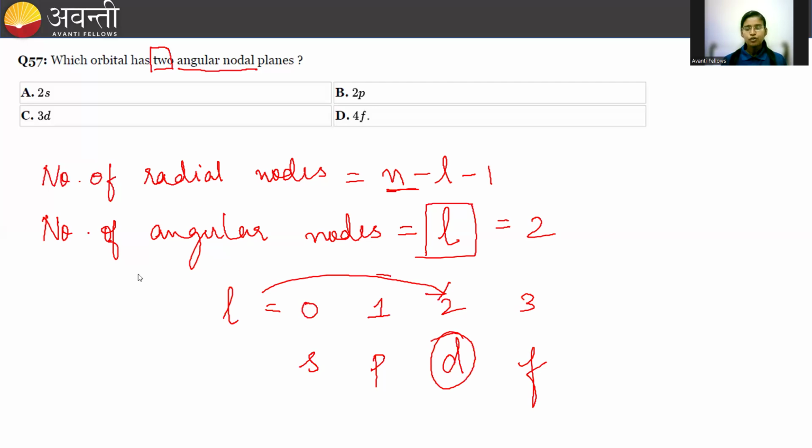So from the given 4 options, option C is having the D orbital. So that is having the 2 angular nodal planes. Okay. So option C is the correct answer for this question. Very easy, right? But it is very important. Okay. Now moving on to the next question.